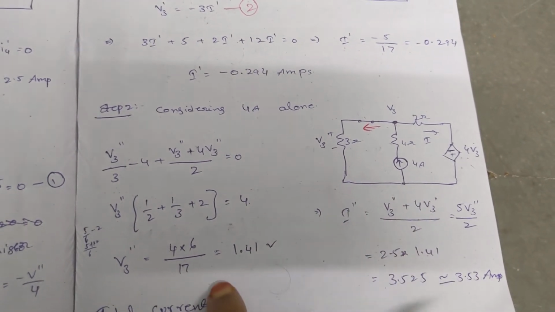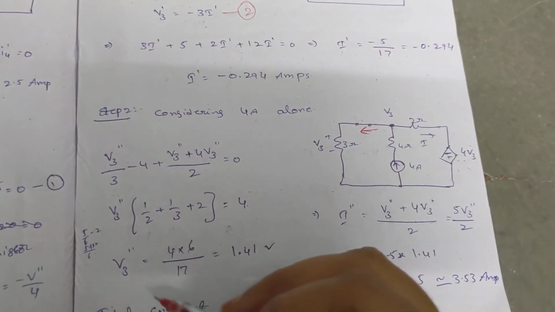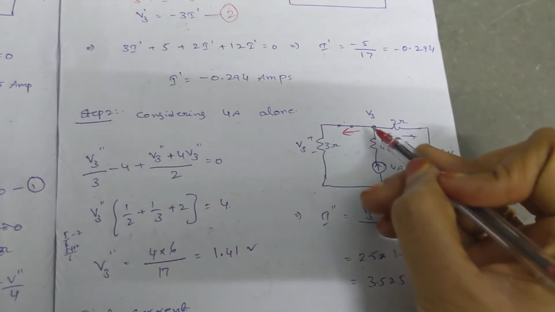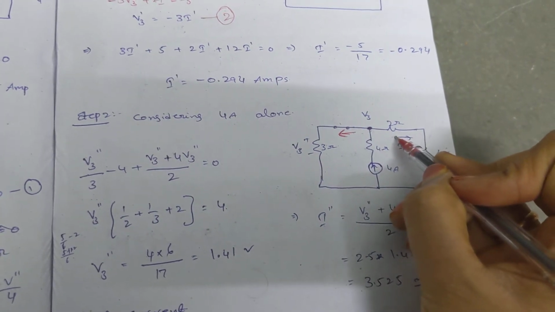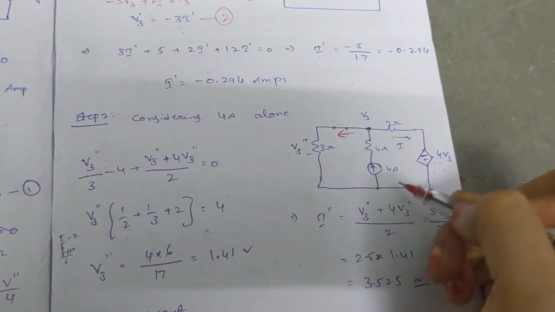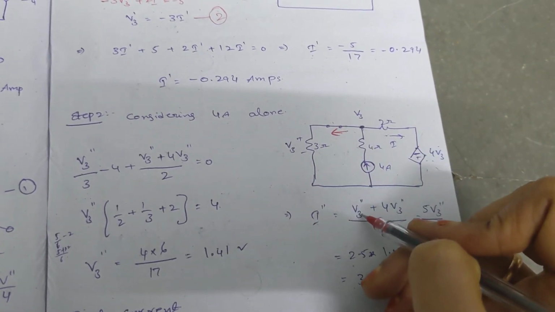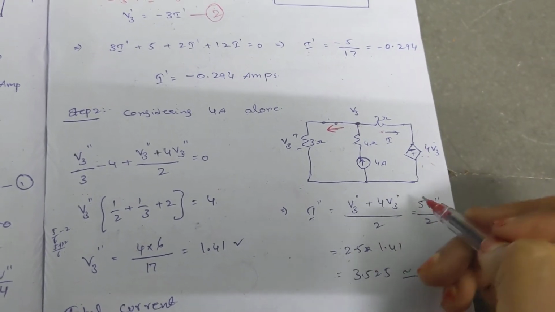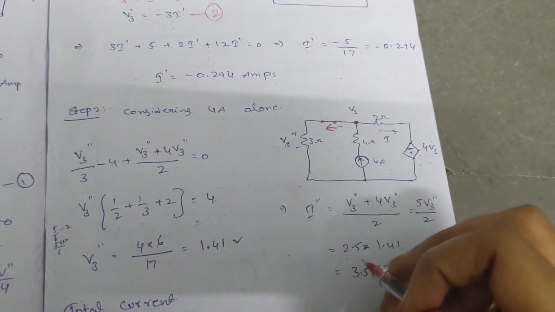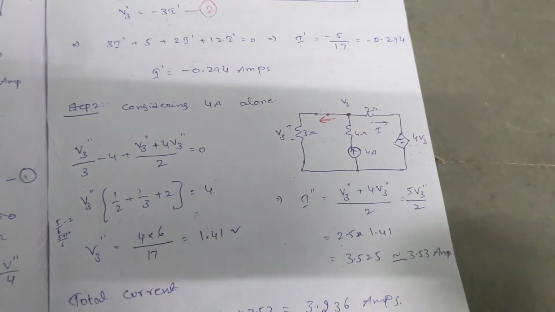When I replace this voltage value, I can find the current flowing through the 2 ohms resistor. This current is V3 plus 4V3 divided by 2, which is 5 by 2 V3, that is 2.5 into 1.41.